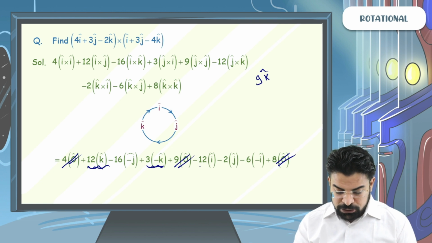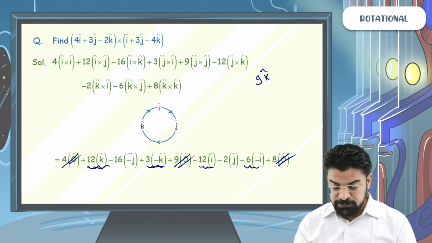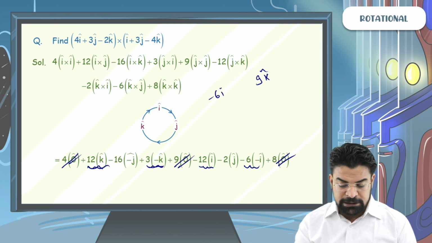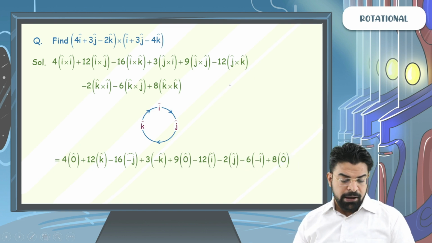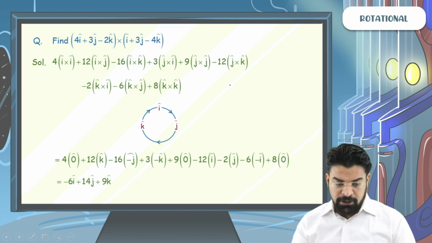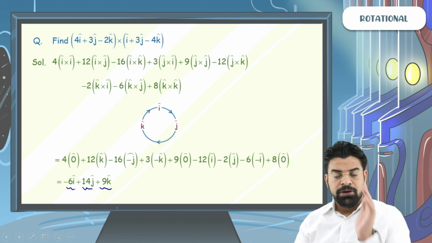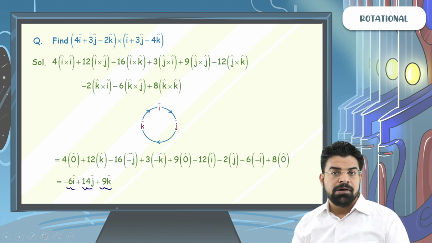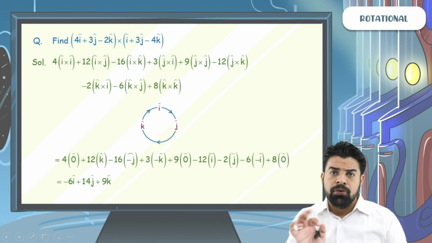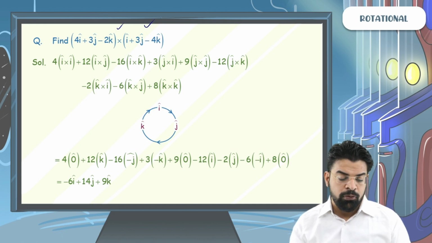Similarly, you have got minus 12i cap and plus 6i cap. Minus minus becomes plus. So you get minus 6i cap. And similarly, you can do for k. Once you have done this, you can write the final answer: minus 6i cap plus 14j cap plus 9k cap. You can check the calculation by pausing the video here. So you should know how to write the cross product of two vectors.